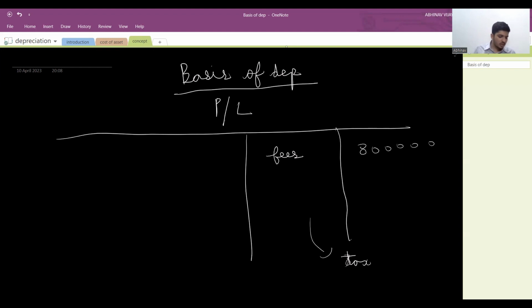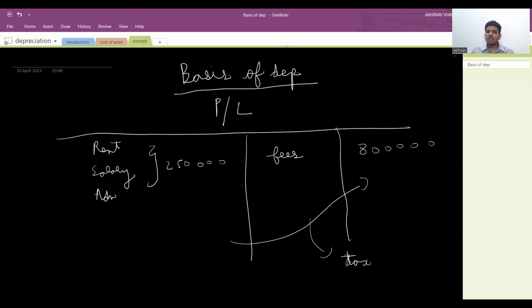So then the government says, okay, rent, salary, any advertisement given, all this totally comes to 2,50,000. Then you pay the tax on the remaining amount. That is 5,50,000.